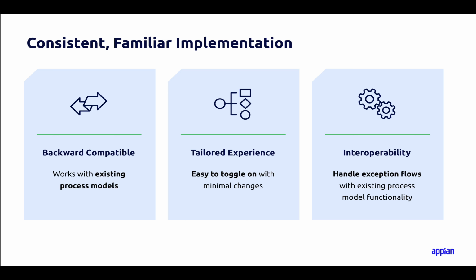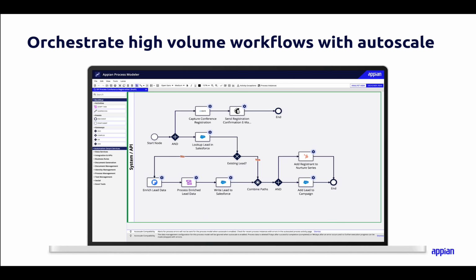This way, Autoscale can serve your high-throughput business processes and also seamlessly work with the rest of the processes orchestrated in Appian. Here's an example of an API orchestration process that's coordinating various other systems to process conference registrations. You can see we're in the familiar process modeler experience, but you get all the performance benefits of Autoscale.